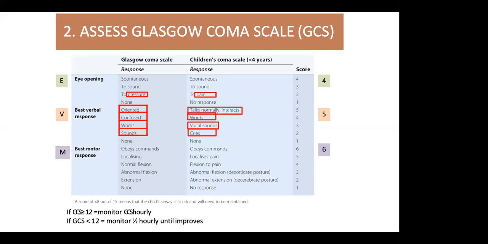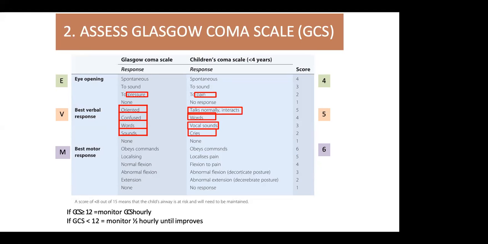If the patient can withdraw from the pain stimulus with normal flexion movement, then give 4. If the patient exhibits abnormal flexion, which is decorticate posture in response to the pain, give score 3. If the response is abnormal extension, which is decerebrate posture, then give score 2.